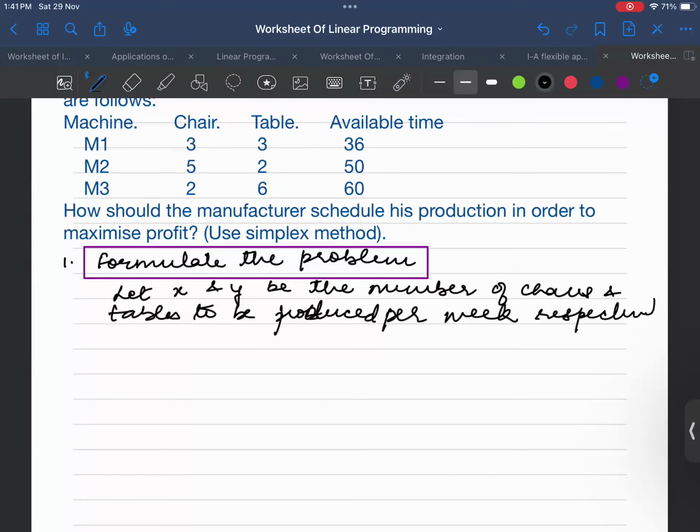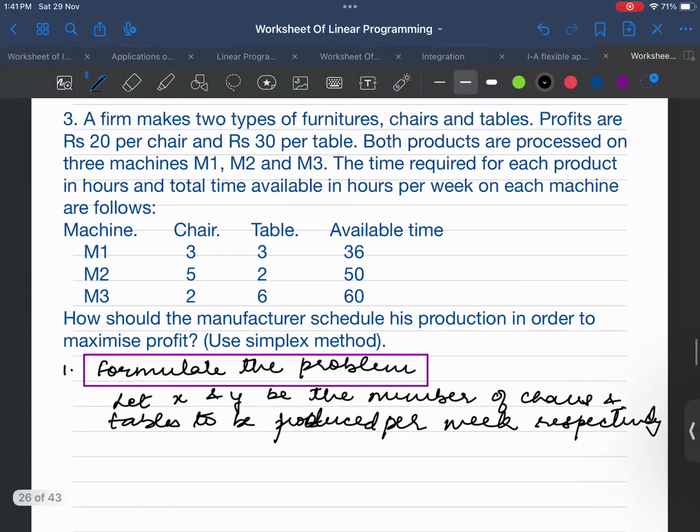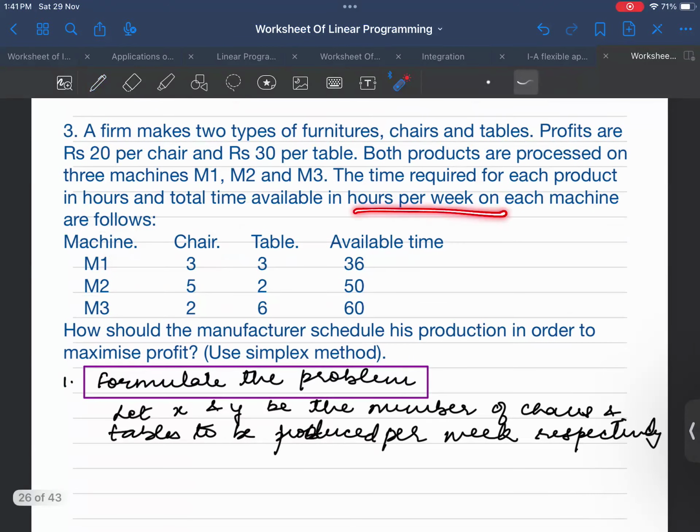If in the question it had been given in a month, you would have to calculate how many chairs and tables you have to produce in a month. Then you can take it as per month. It's given per week. Everything is given per week, right? So we will take it per week itself.